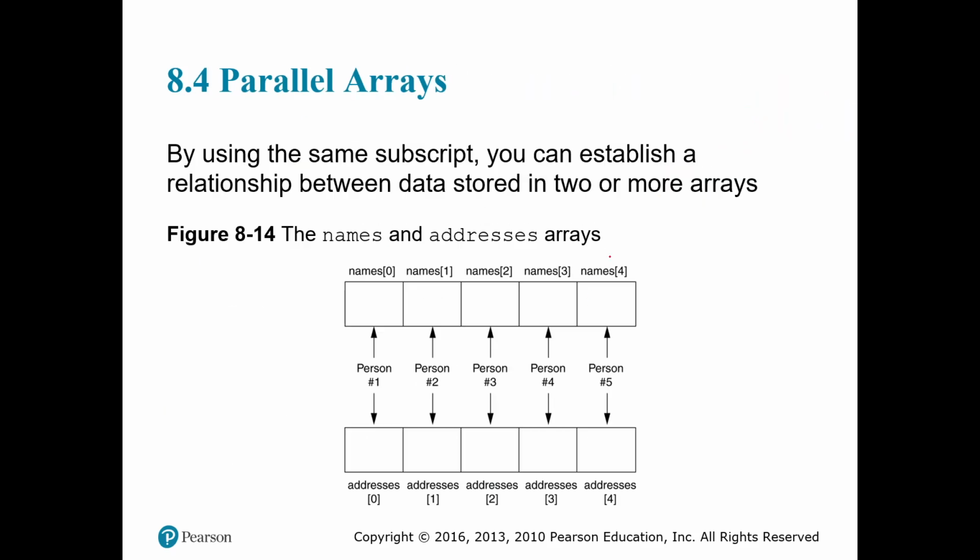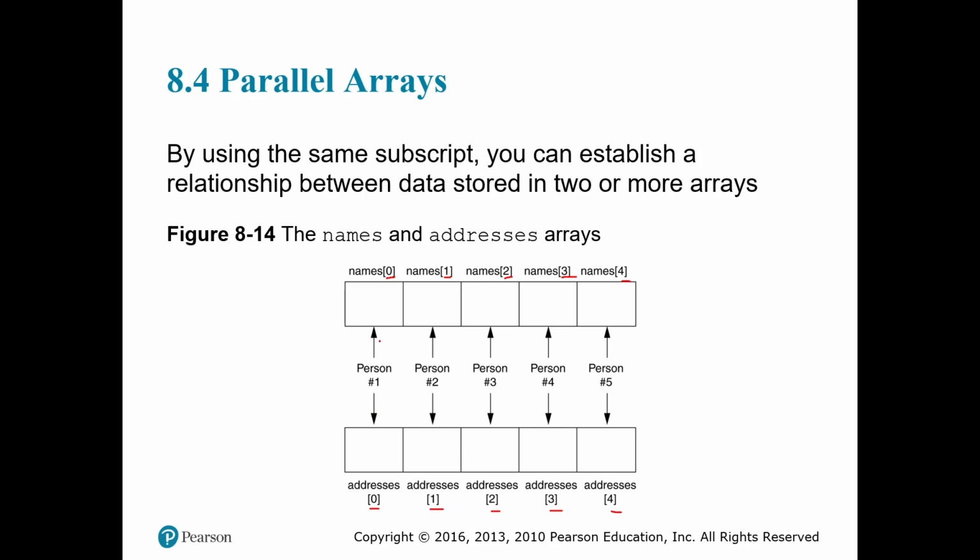Another good practice of coding is called parallel arrays, if you will ever need to use it. What it does is you create two basically identical arrays, identical in a sense that they have the same number of elements, and each subscript, as you can see here, 0, 1, 2, 3, 4, is the same as here, 0, 1, 2, 3, 4.